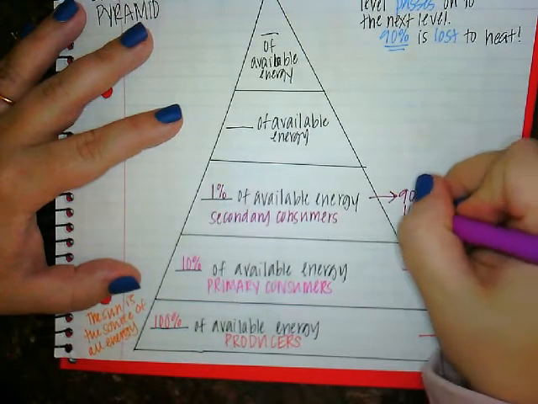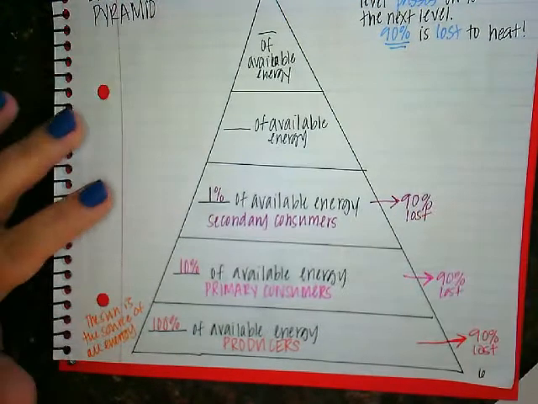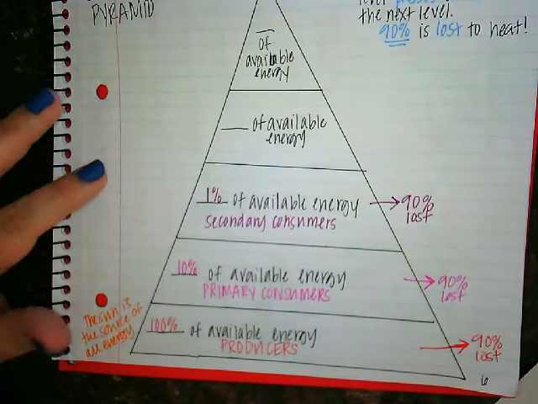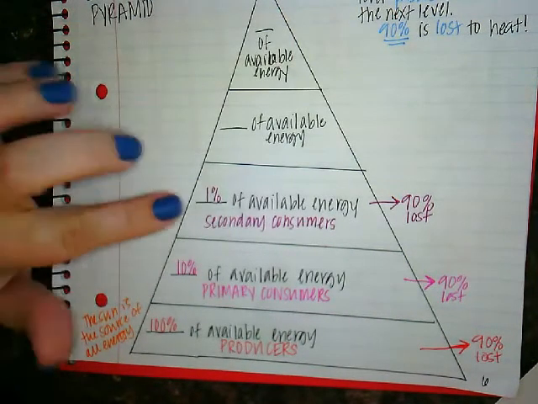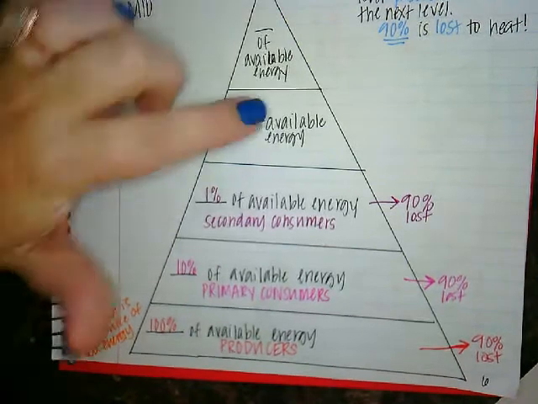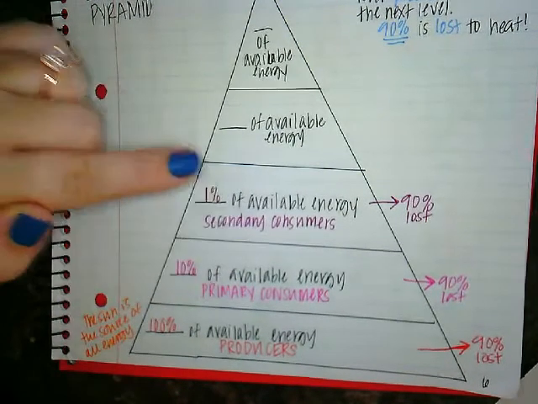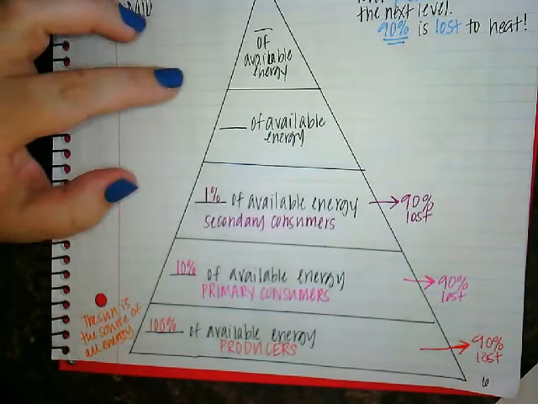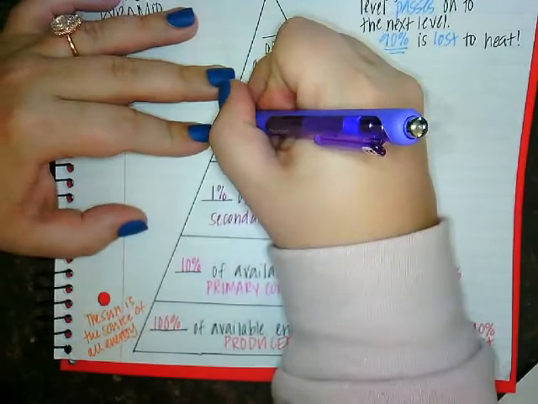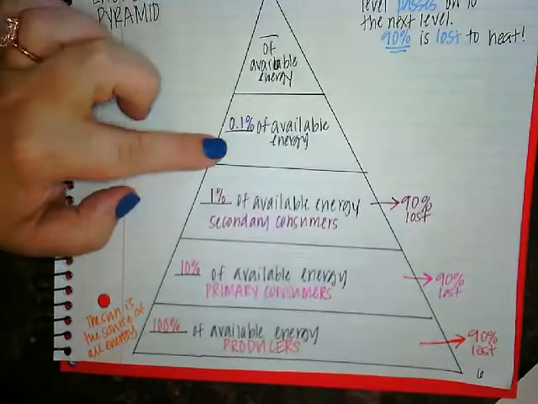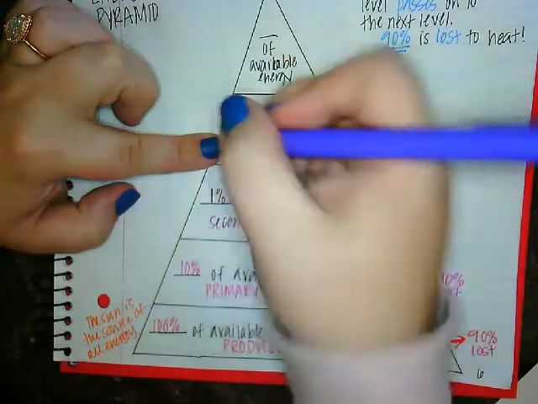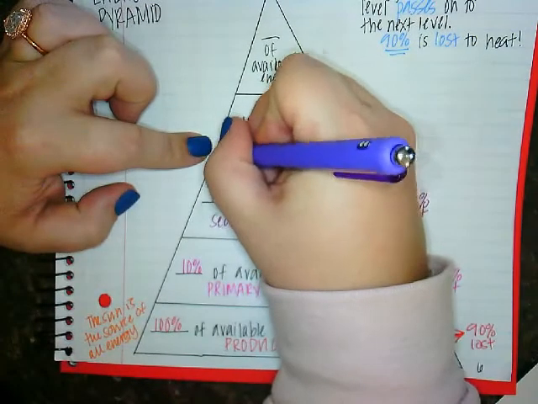Of that 1%, 90% is lost to heat. Okay, this is where you can brag to your math teacher today that you did math and science because we're into fractions. Okay, so we know that 10% moves on to the next level. So 10% of 1% is going to be 0.1% of available energy comes to this next level.